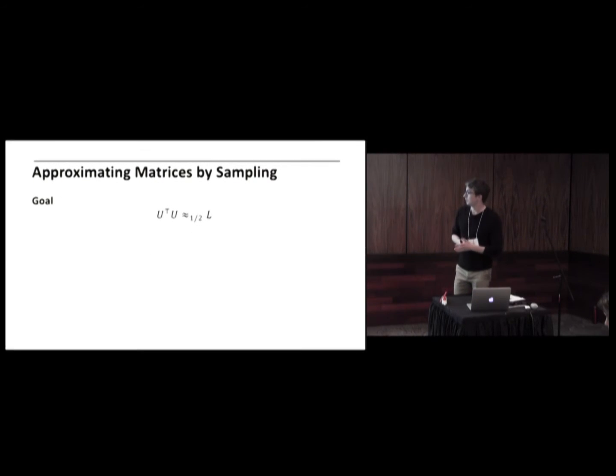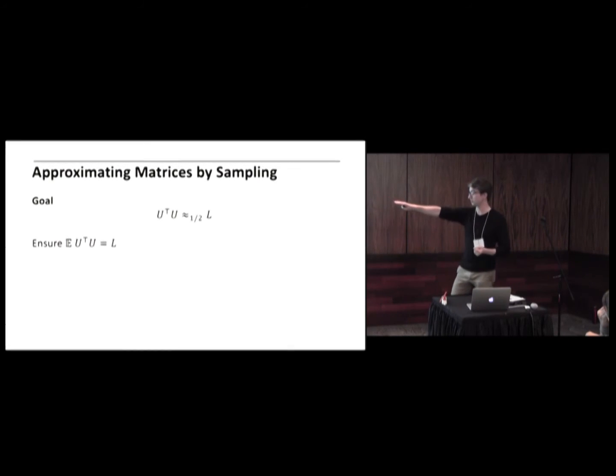Okay, so how could we prove that something like this works? We want to show that U transpose U is 1/2 approximately equal to L. The first thing we do is ensure that at every intermediate step of the algorithm, the approximate matrix that we're maintaining is equal in expectation to the original matrix.